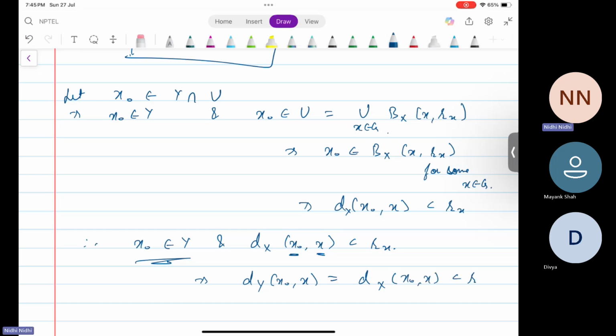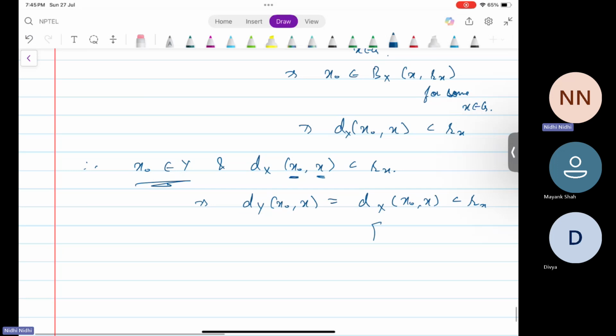This is strictly less than Rx. Why? Because x naught is in Y and x is in G, which is again a subset of Y.